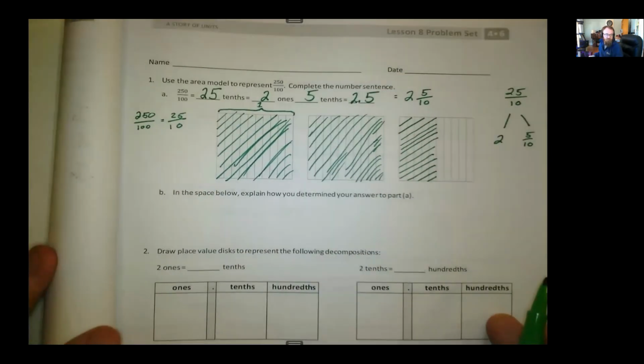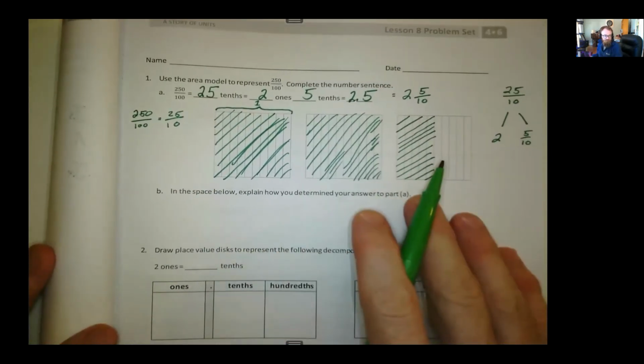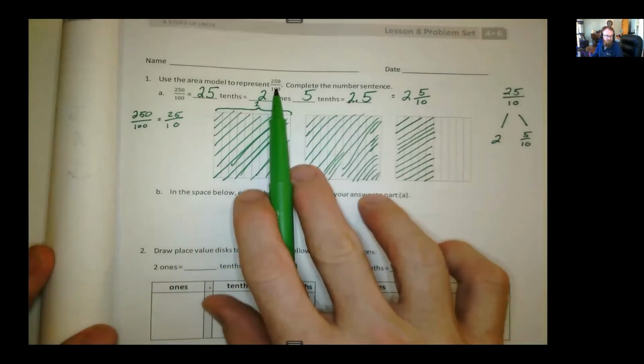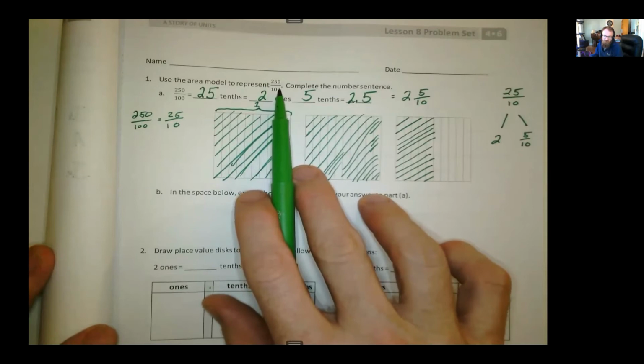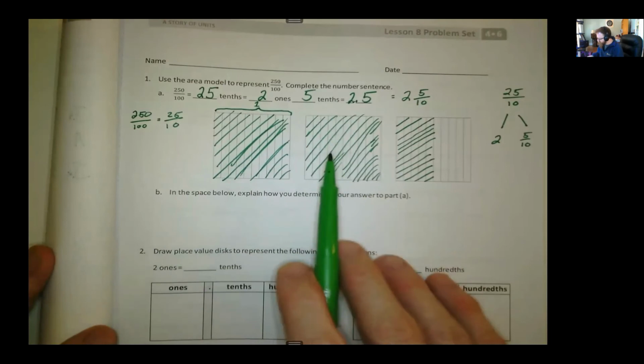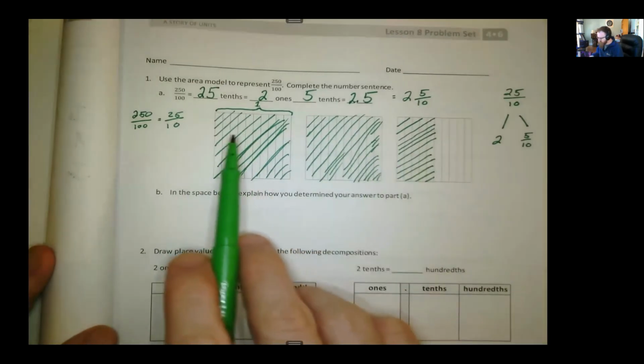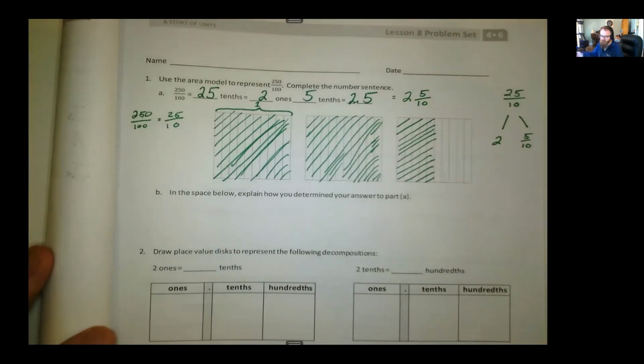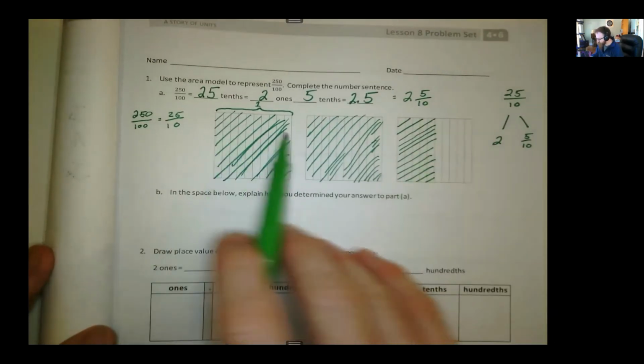2 and 5 tenths. Okay, it's represented in the area model. Remember that the original fraction we were given is 250 hundredths. Each of these area models represents 10 tenths, but also 100 hundredths, right? It's not separated into hundredths with rows.